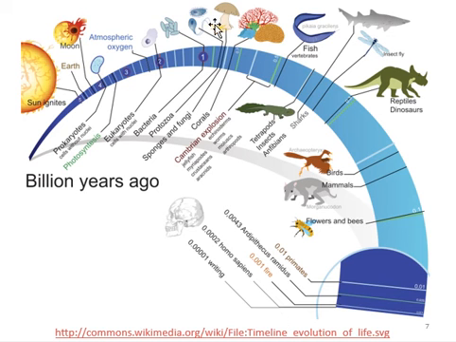So you have fungi, you have the fish, and you have then some different kinds of fish, real fish, cartilaginous fish like shark. You have the insects.